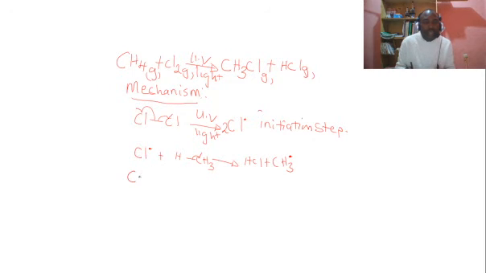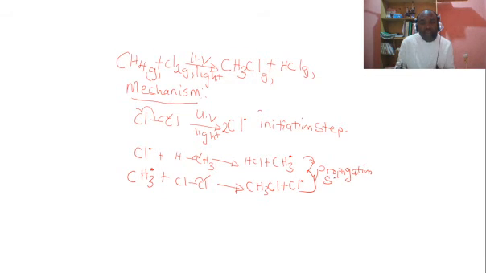And you see that this free radical in the presence of chlorine is going to produce, this bond can also be broken, such that CH3Cl is formed, and the chlorine radical. This is what you call the propagation step. Now you see how incredible it is.